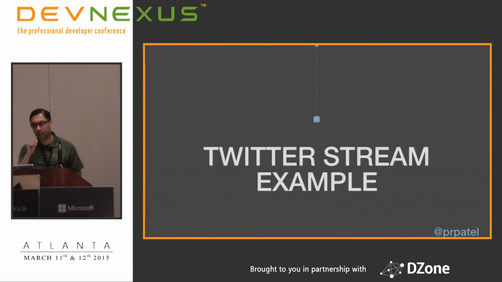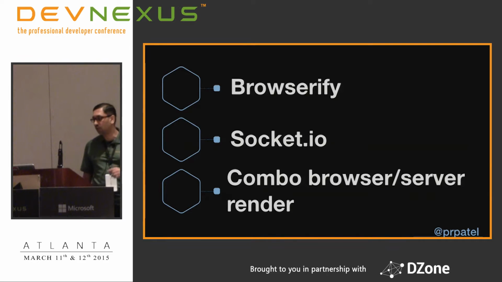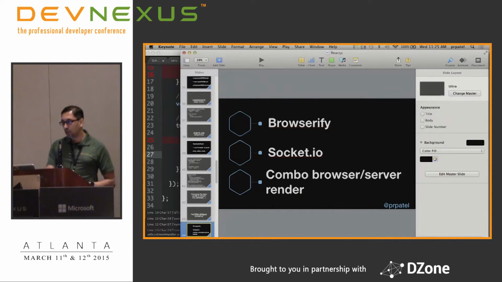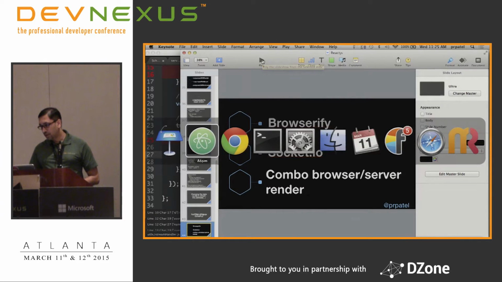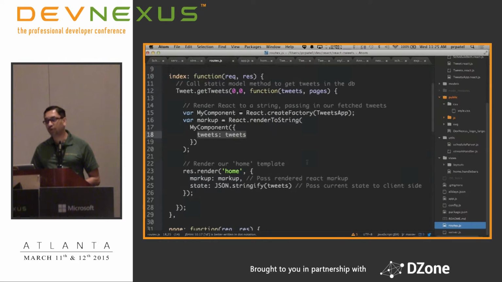So we walked through the full example. We looked at everything using Socket.io. I'm using a combination of server rendering. The server rendering for the initial bootstrap is right here, when I do React render to string.